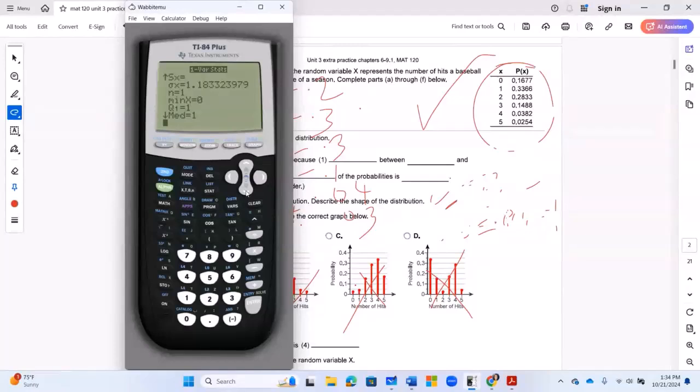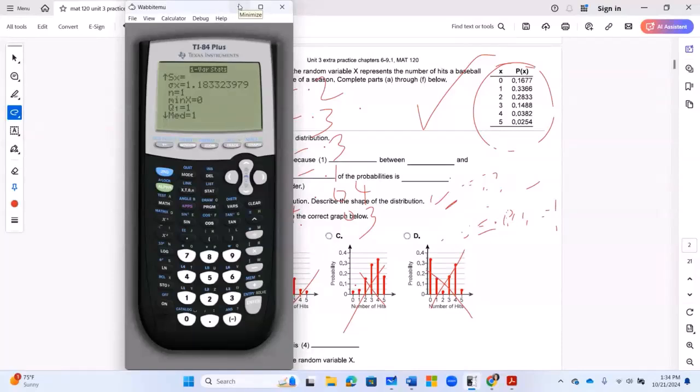If you're told to find the mean and the standard deviation, you can do np if you're looking for one, but actually you are looking for the mean and standard deviation. I know that's a formula. It's easier for you to use your calculator. So what you want to do is do one variable stats and find the mean and standard deviation. It is easier to use the calculator.